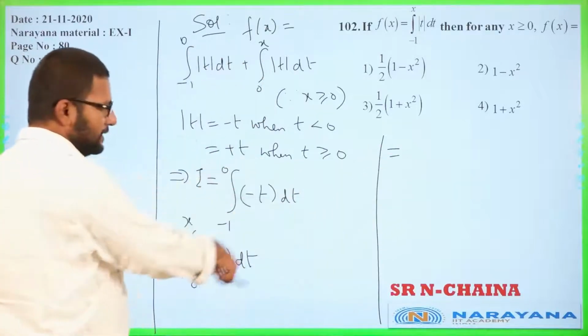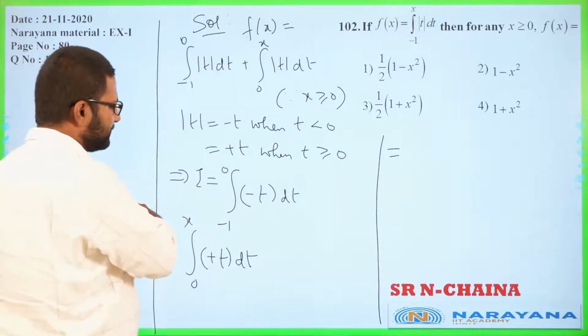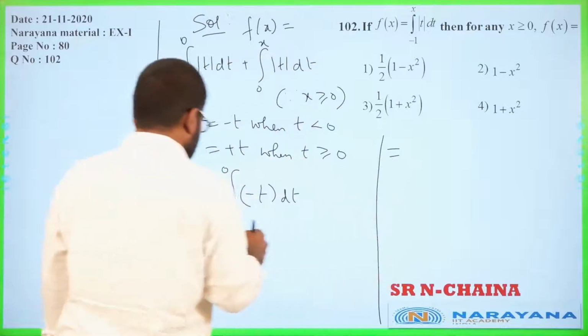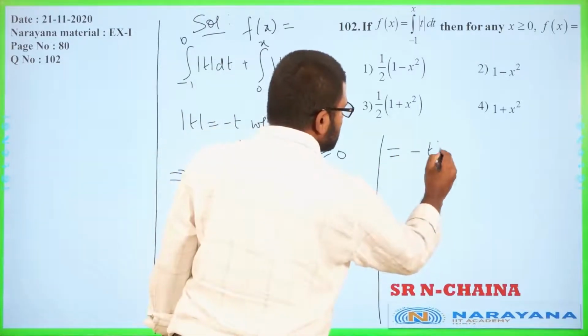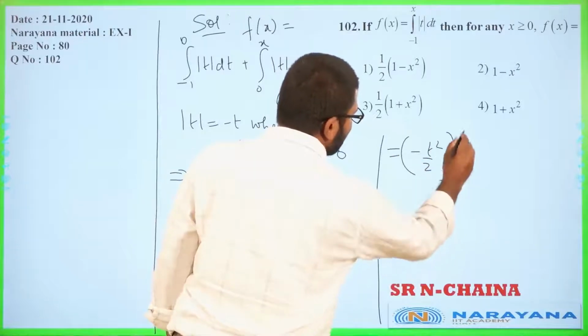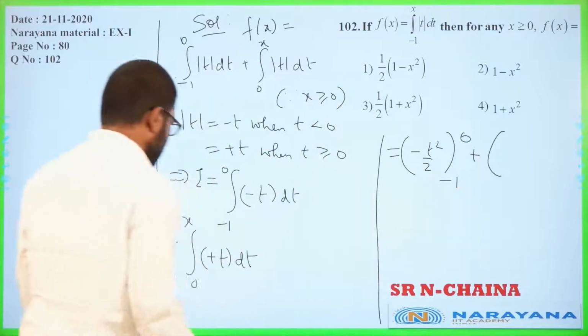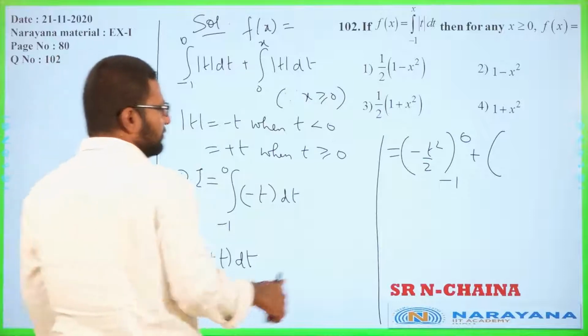Now this part at least I hope it is obvious. So from minus 1 to 0, we put minus t square by 2 from minus 1 to 0, and t square by 2 from 0 to x.